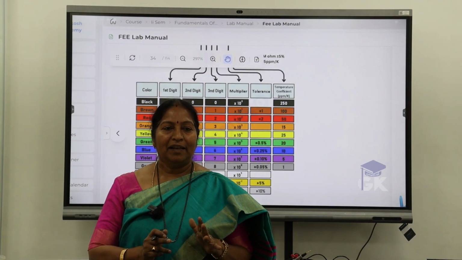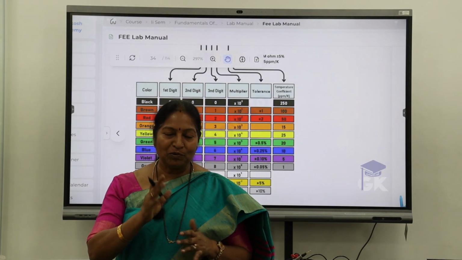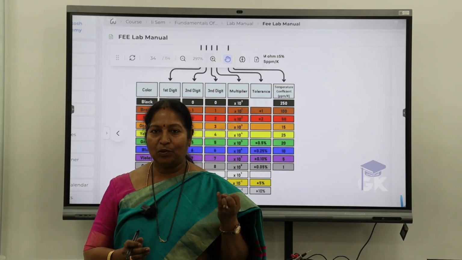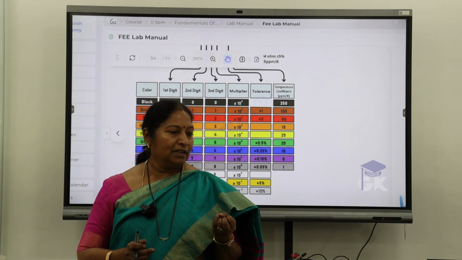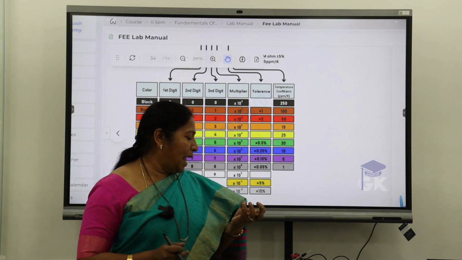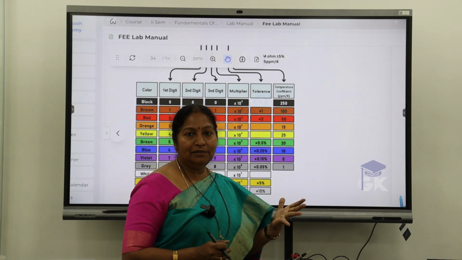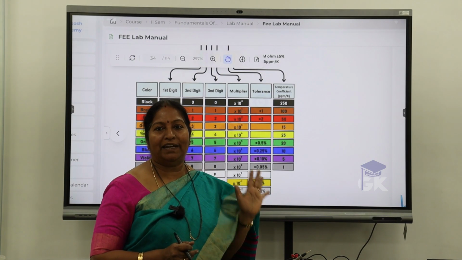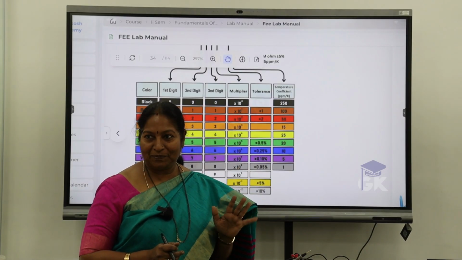You can use whatever coding you want. Normally we use: Black boy runs over young girl, but Veena gets wild. This is the color coding we used to use.